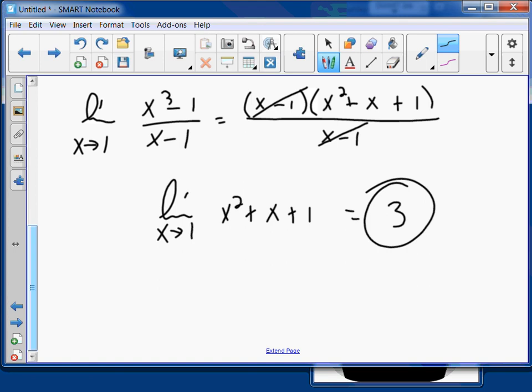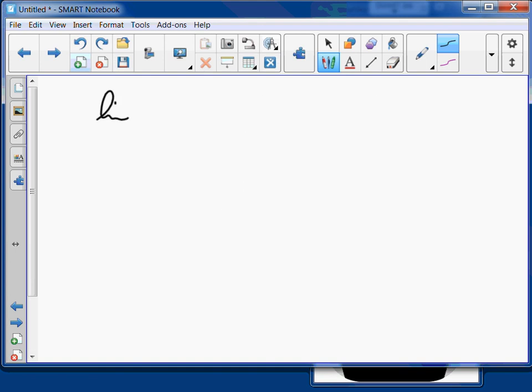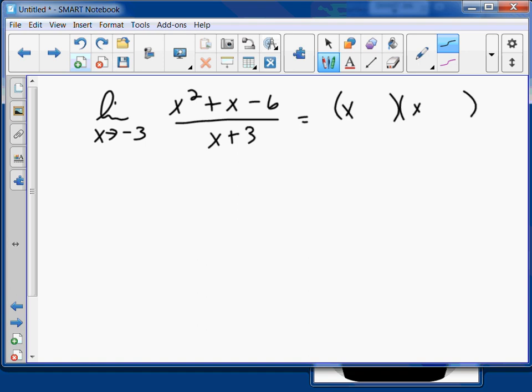Here's another very similar problem. The limit as x approaches -3 of x squared plus x minus 6 over x plus 3. Can we do a substitution? No. So what do we need to do? Factor and cancel. So this factors into x plus 3 times x minus 2.